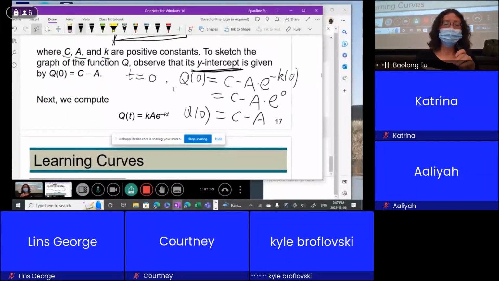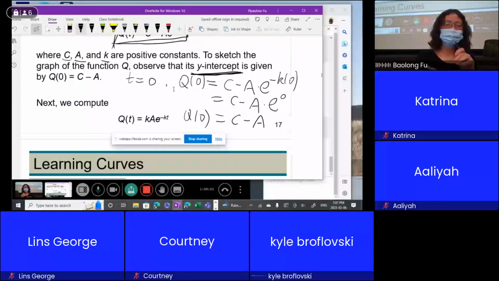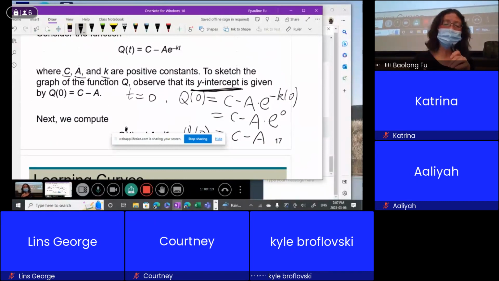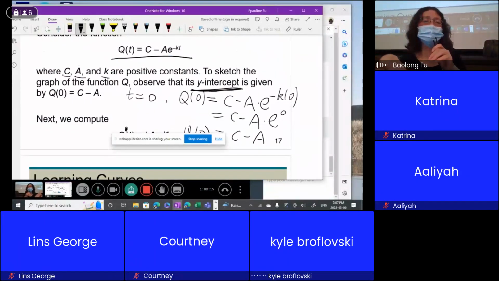Okay. And now there is a typo. Sorry for the typo. This one is a Q prime, not Q. So Q prime equal to K times A E negative KT. Why? Because if Q equal to C minus A times E raised to power negative KT, what is Q prime?